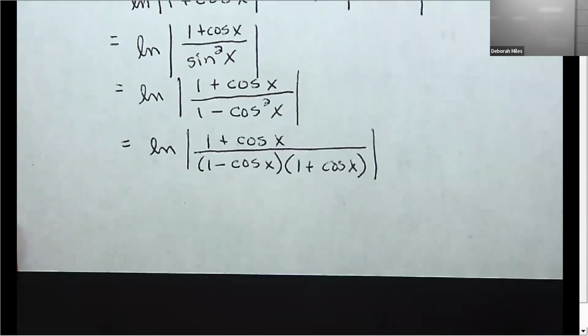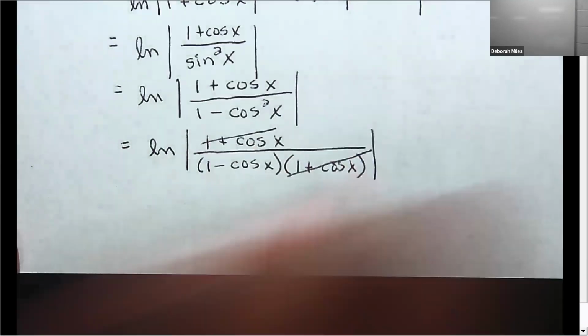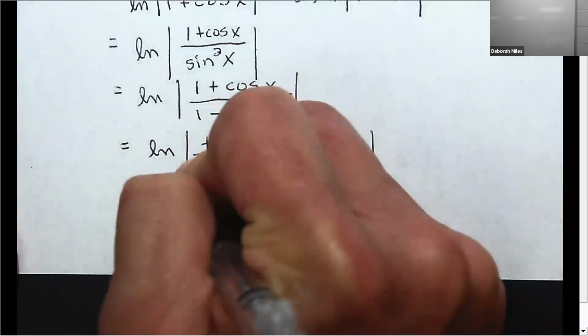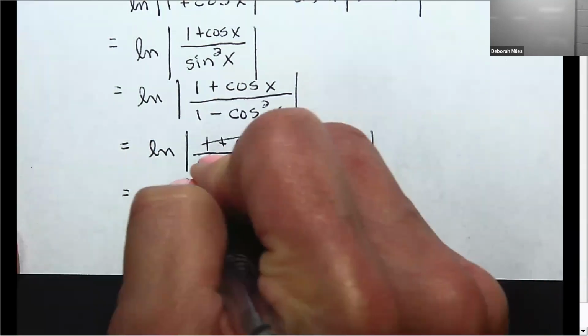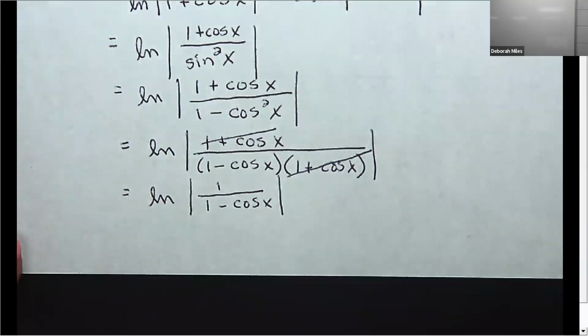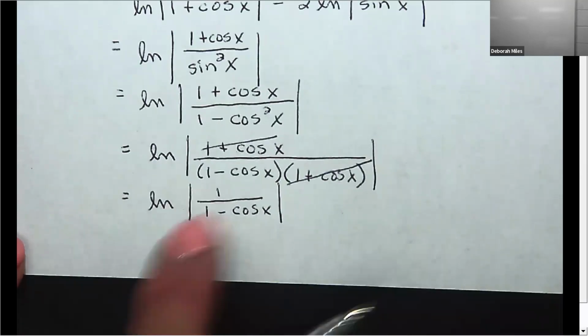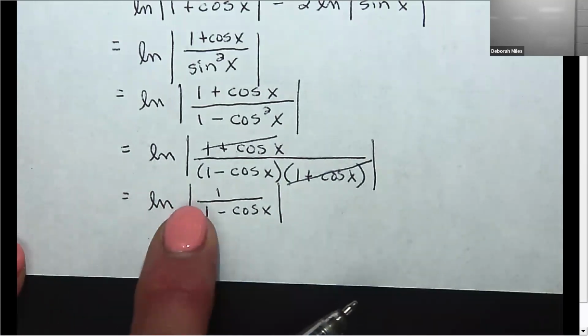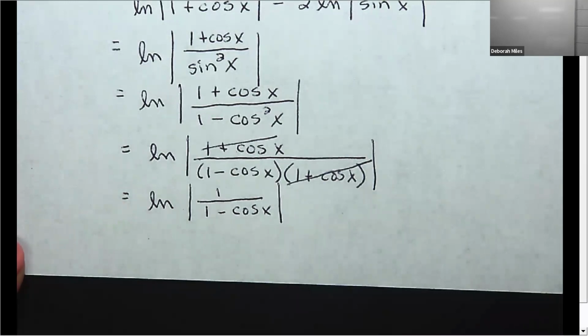Divide by the 1 plus cosine x in both the numerator and denominator. And I have natural log of absolute value of 1 over 1 minus cosine x. Keep looking back up at what I want to end up with. Instead of that quotient, I can write the argument as 1 minus cosine x to the negative 1.